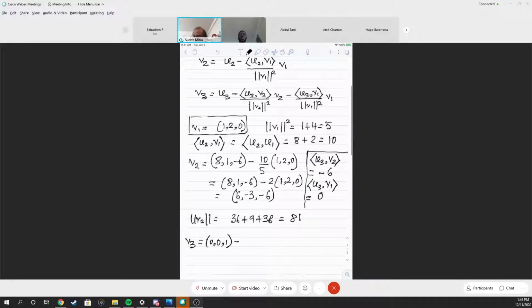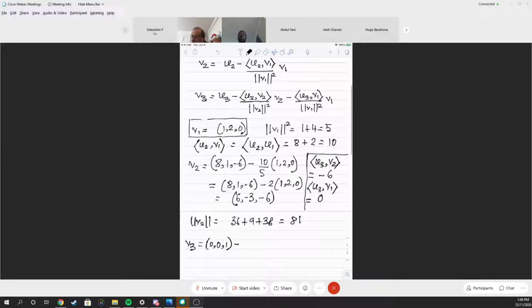So U3 and V2, that is minus 6 upon norm of V2 squared. Norm of V2 squared is 81. V2 is (6, -3, -6). Minus U3 and V1, that is 0.